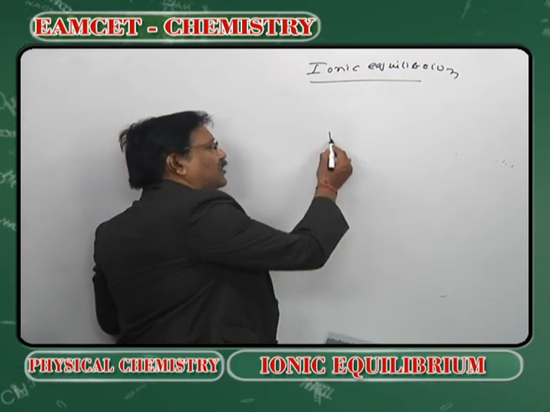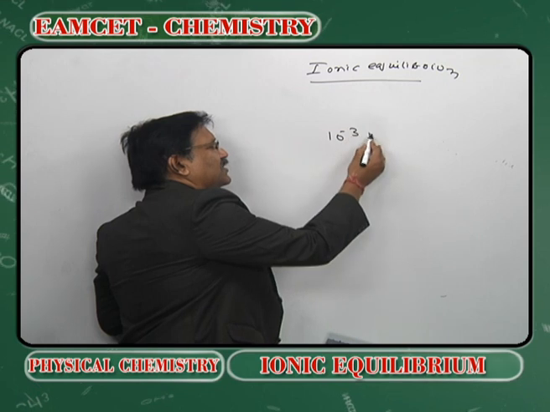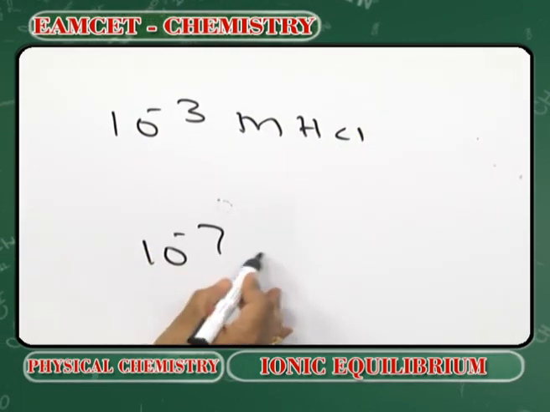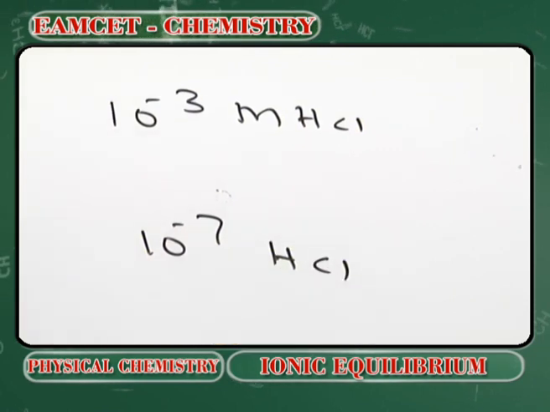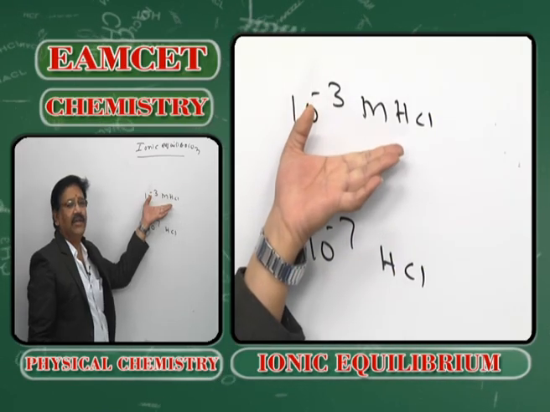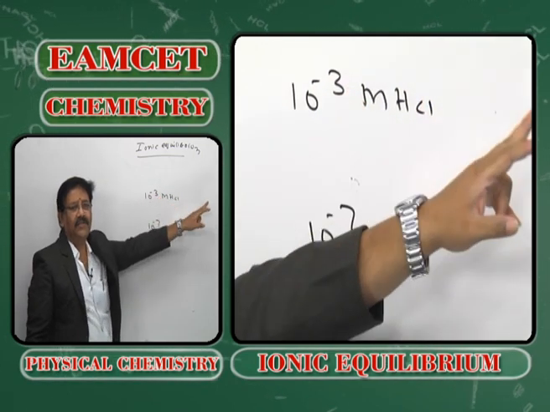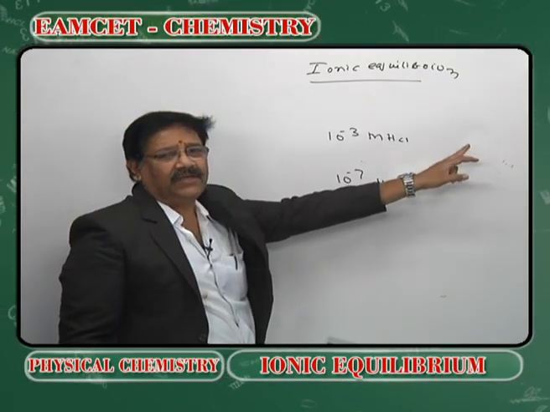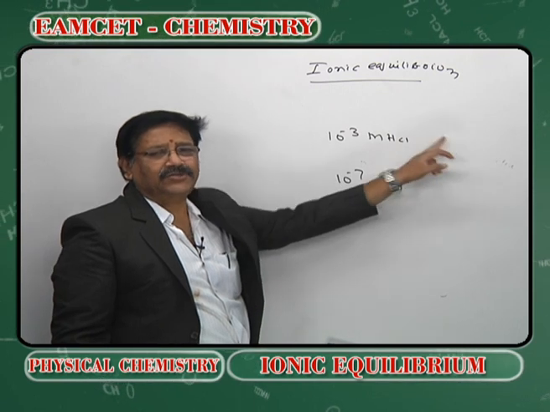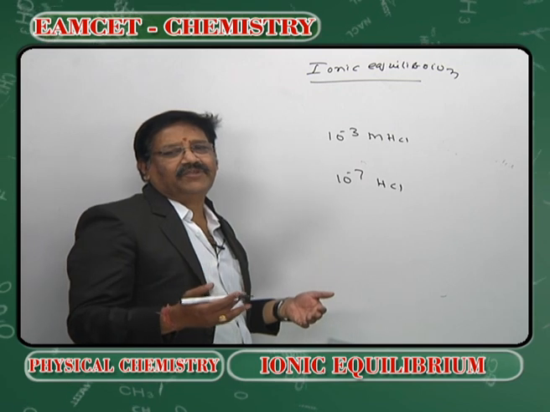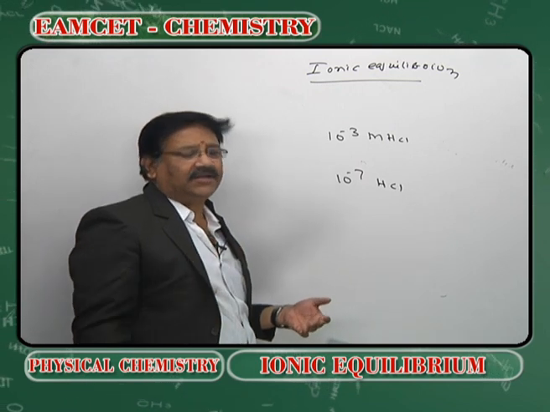Take for example 10 to the power of minus 3 molar HCl and 10 to the power of minus 7 molar HCl. In presence of 10 to the power of minus 3 molar HCl, the ionization of the water will be suppressed due to the common ion effect. Hence, H plus ions given by the water can be neglected.